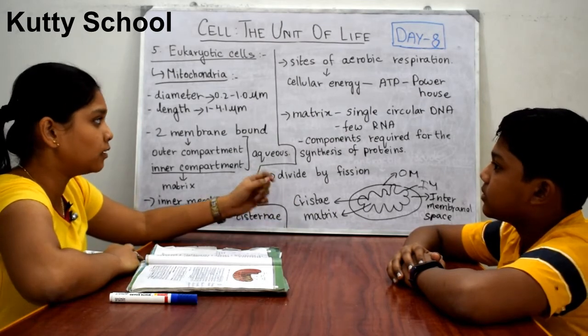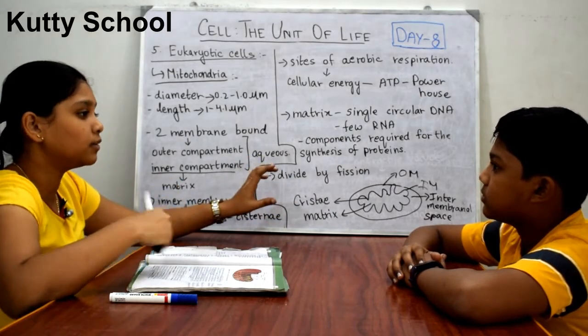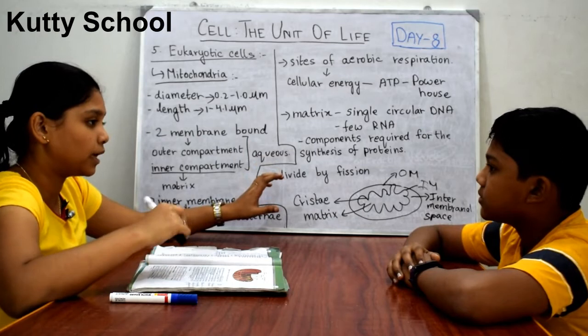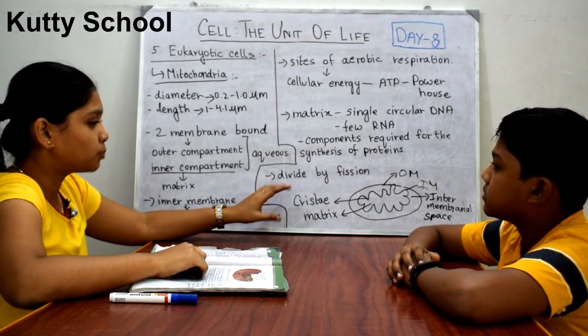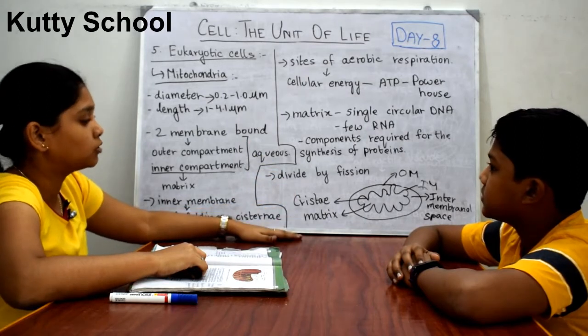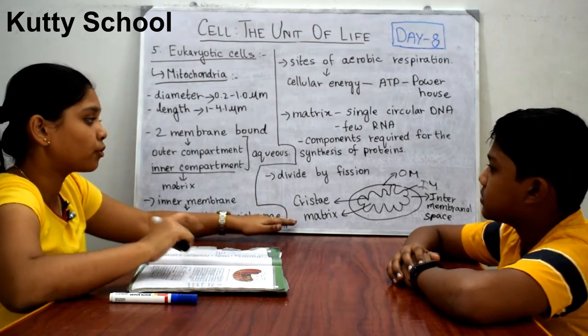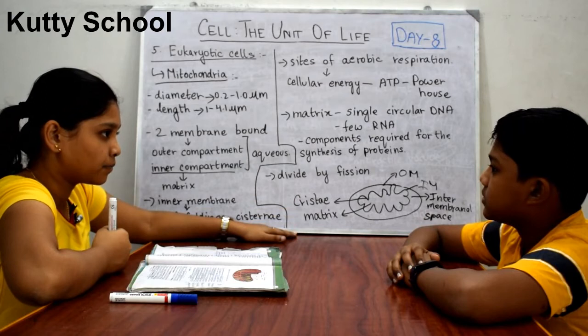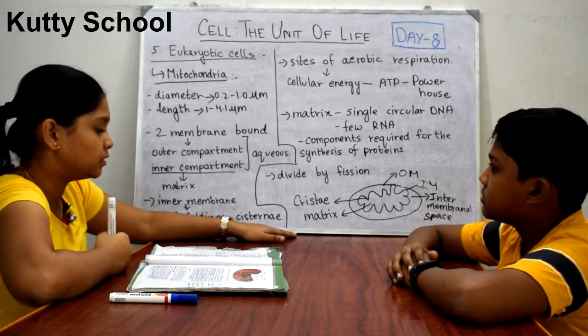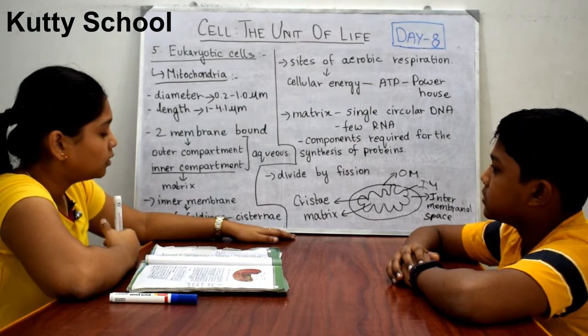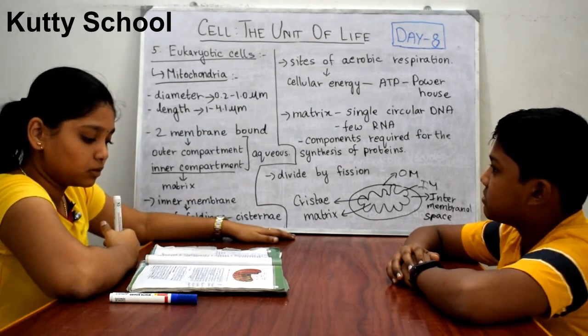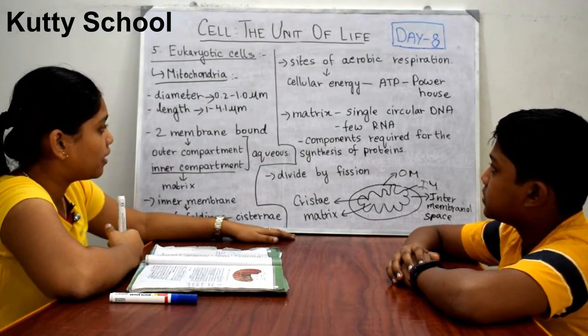Many organisms use ATP, adenosine triphosphate. So cellular energy is produced here, ATP is produced here. Therefore mitochondria are known as powerhouses of the cell.